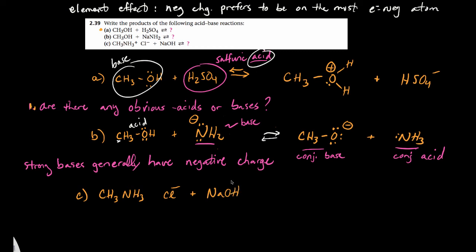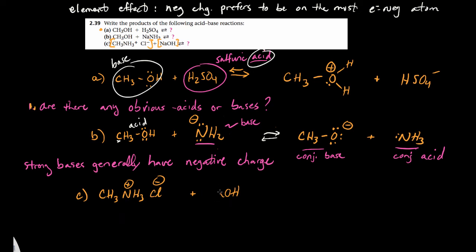So CH3NH3 plus and Cl minus, this is the molecule on the left side of the equation, and it's reacting with sodium hydroxide. So this is methylamine hydrochloride, one way to name it, plus sodium hydroxide.